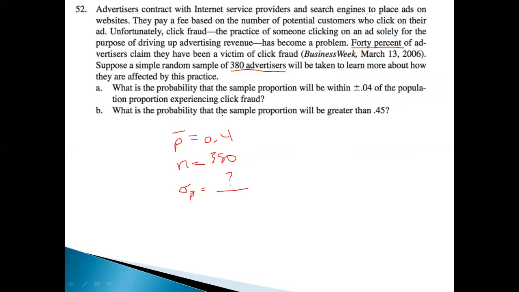Suppose a simple random sample of 380 advertisers will be taken to learn more about how they are affected by this practice. What is the probability that the sample proportion will be within plus or minus 0.04 of the population proportion experiencing click fraud? And what is the probability the sample proportion will be greater than 0.45?